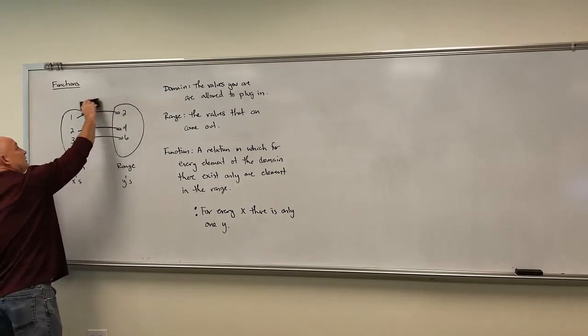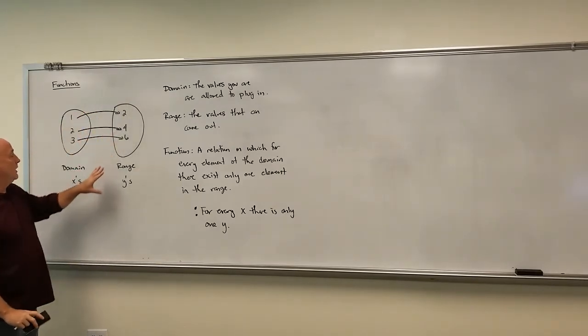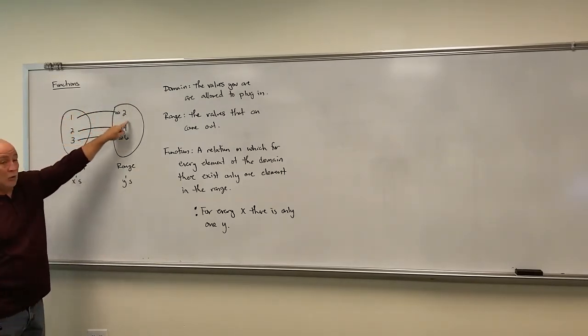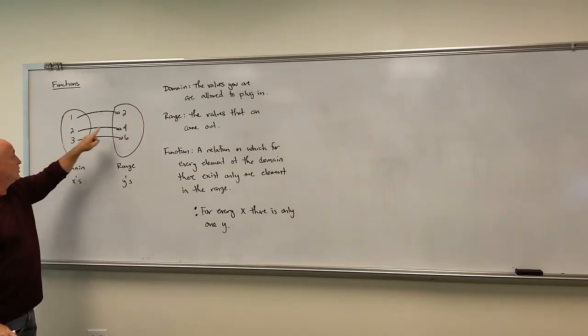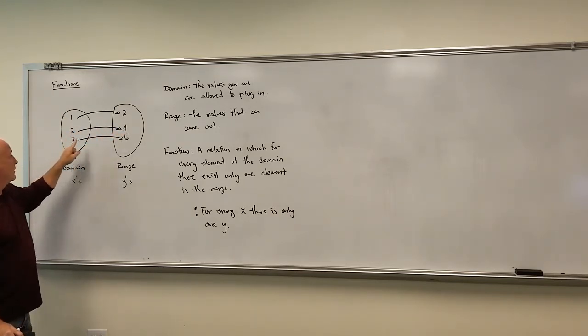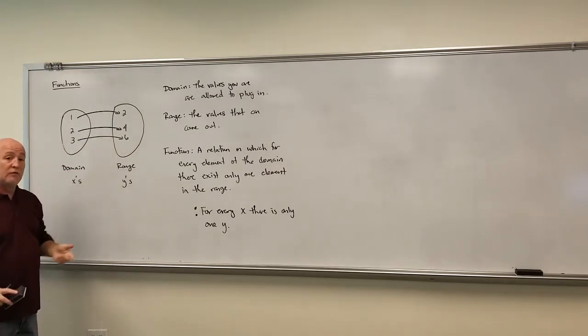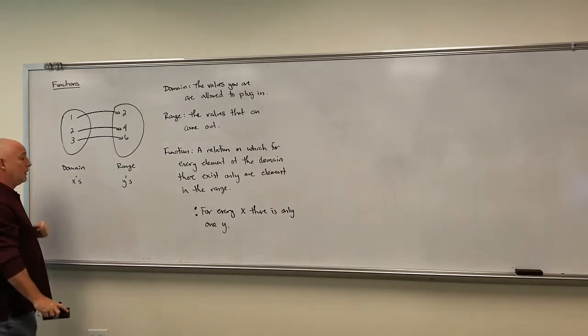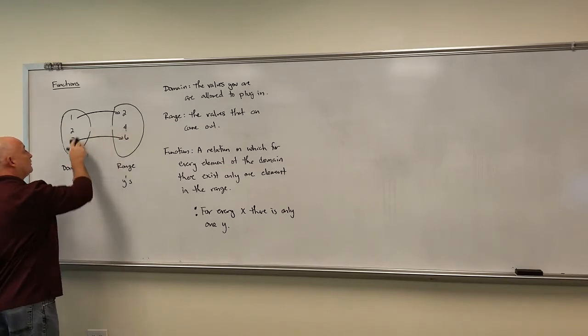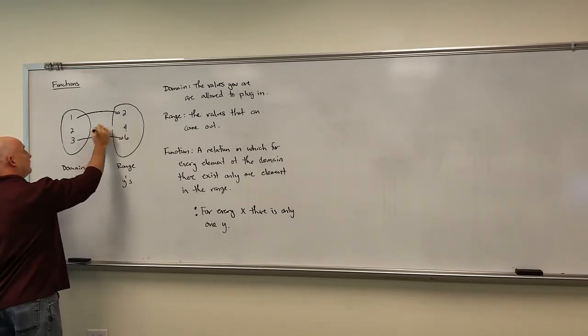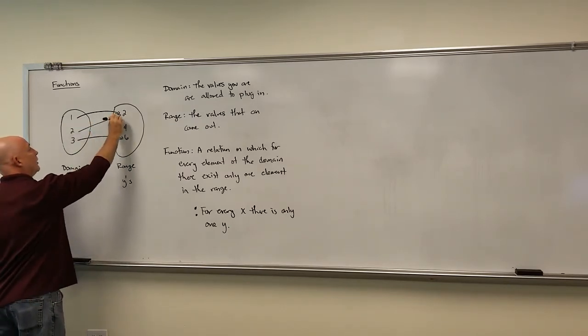So if we look at this relationship over here, I plugged in a 1, I only got out a 2. I plugged in a 2, I only got out a 4. I plugged in a 3, I only got out a 6. So this picture would represent a function. And I can change it up. So let's see, from the first picture, if I were to do this, what do you think?